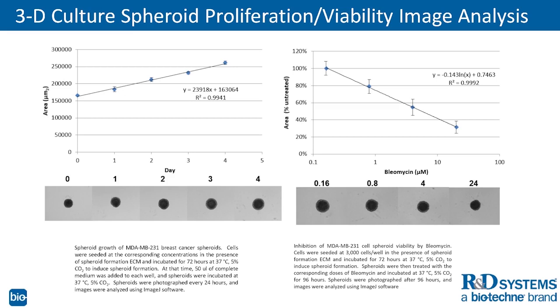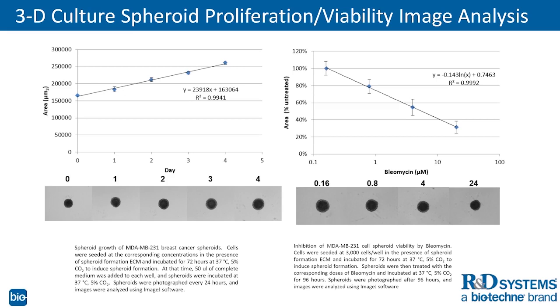And that's mainly because, since we're only having one spheroid per well, we can control the size of these spheroids pretty exactly. And you see that we get a nice growth curve just by analyzing these images.